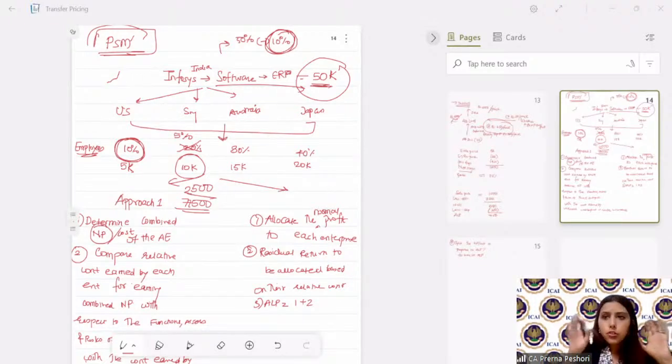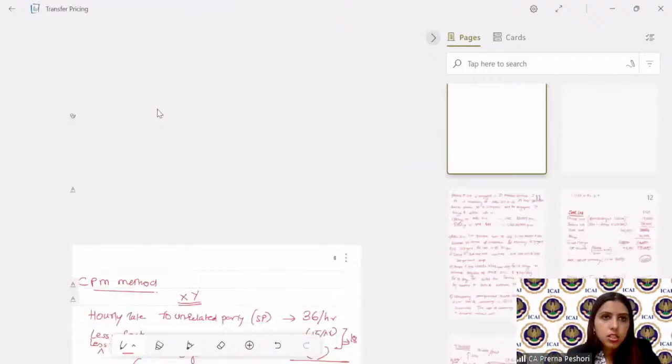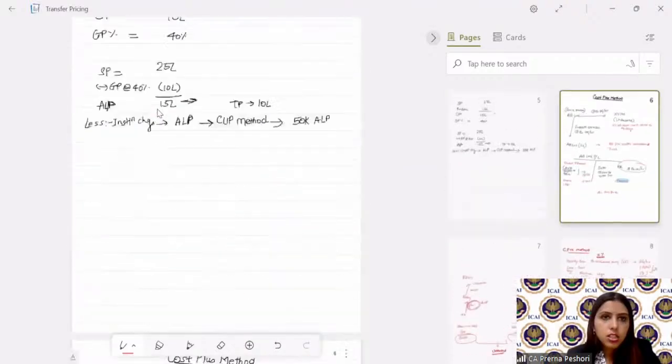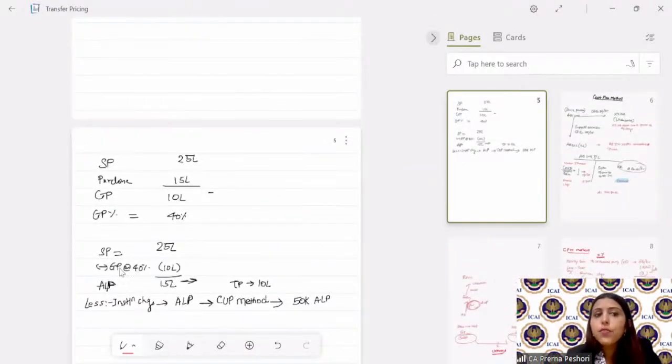Namita, in that question of Microsoft, we were first computing, let me take you there. So this is the question, we were computing the selling price. After that, we reduced the gross profit percentage to arrive at ALP, and from that amount we are reducing the installation charges, because we cannot reduce installation charges from the selling price.